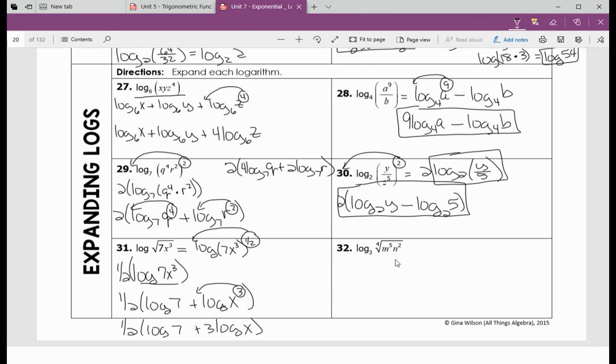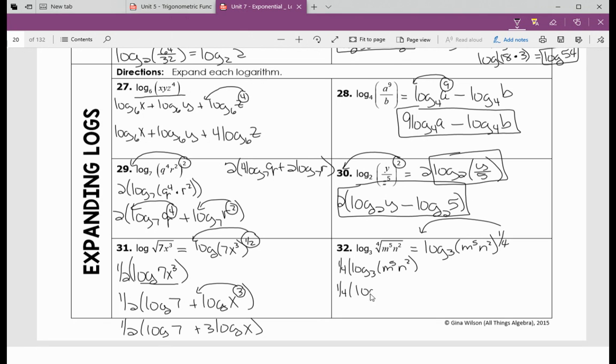So the final problem, it does have a radical over the whole thing. So I'm going to rewrite that as log base 3 of m to the 5th n squared to the 1/4 power. I'll move the 1/4 to the front. And since m to the 5th is being multiplied by n squared, I'm going to separate that with addition.